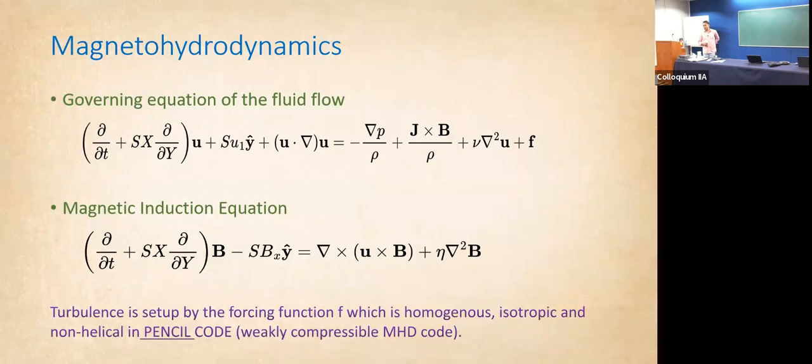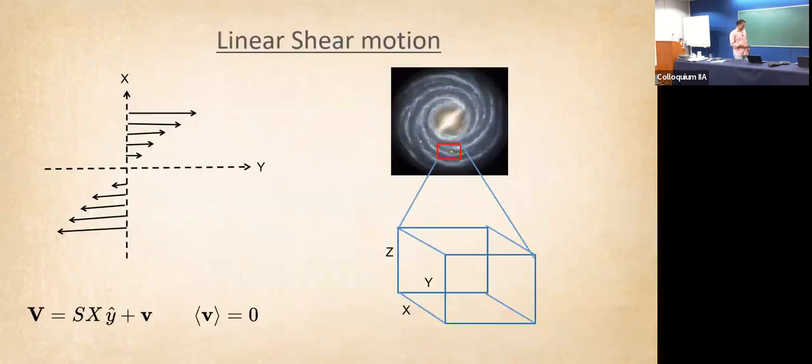These equations have been normalized, right? No, they are not dimensionless. This is just the Navier-Stokes equation. I have put the average velocity in both the Navier-Stokes equation and the induction equation, with the shear rate.